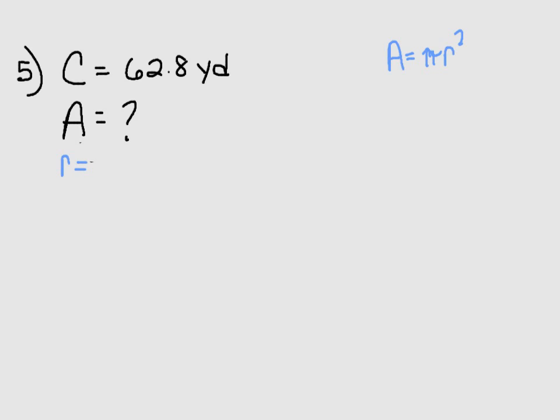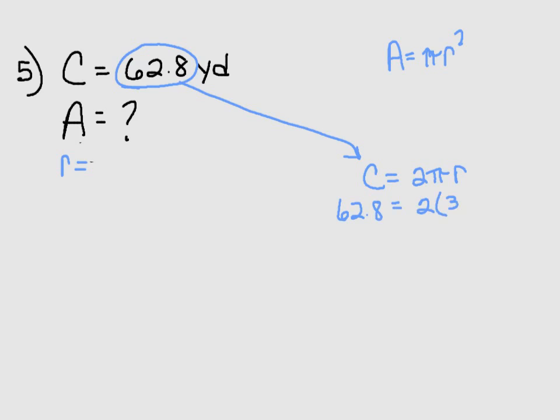So, the first thing I'm going to do is write down my formula for circumference. Circumference equals 2 pi r. And I'm going to go ahead and substitute what I know. I know that my circumference is 62.8, so I'll write that here, equals 2 times 3.14 times r for radius.